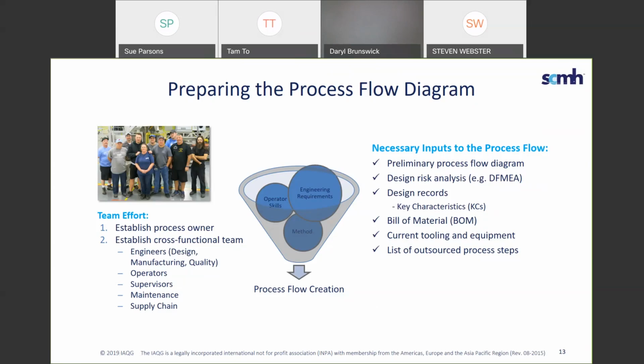Other necessary inputs to the process flow include the preliminary process flow created in phase 1, the design risk analysis and design records, including those product key characteristics, the bill of material, what's required to produce that product, the current tooling and equipment, or the planned tooling and equipment, and then the list of outsourced process steps where it's known.